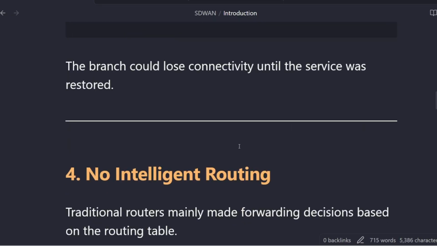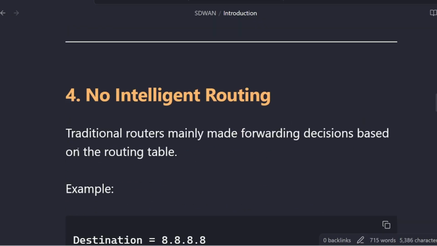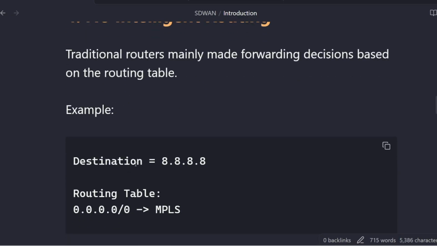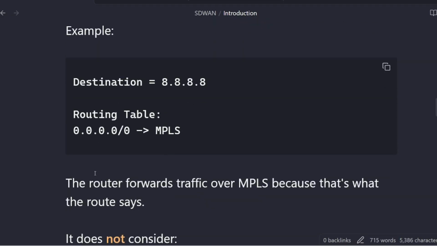Next, there is no intelligent routing. Traditional routers mainly made forwarding decisions based on routing tables. For example, for destination 8.8.8.8, a Google server's IP, the routing table says to use the default route through MPLS. So the router forwards traffic over MPLS because that's what the routing table says.